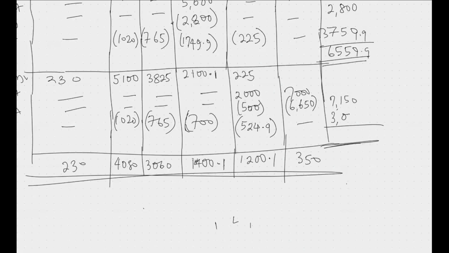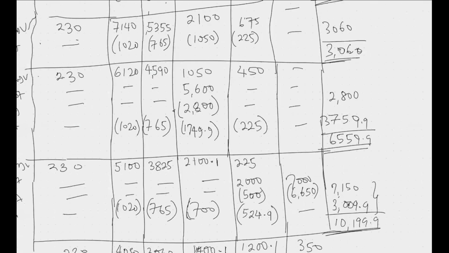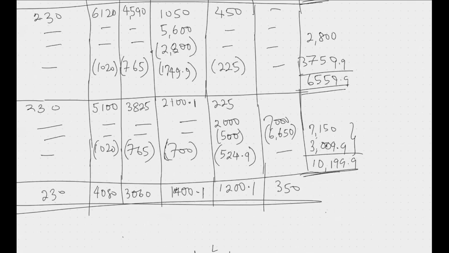For annual allowance total, 3,009.9, so 10,159.9. Thank you. 10,159.9.